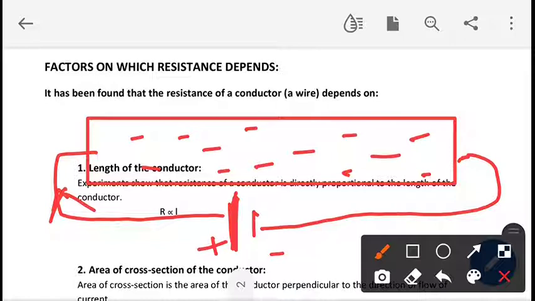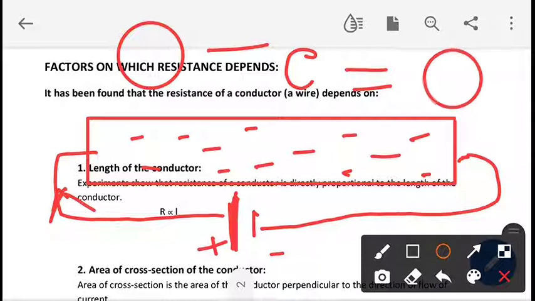Suppose this is an atom, and if one electron leaves this atom, the atom becomes positively charged.